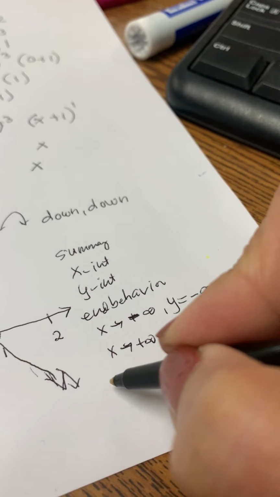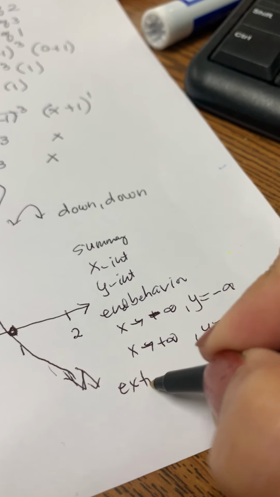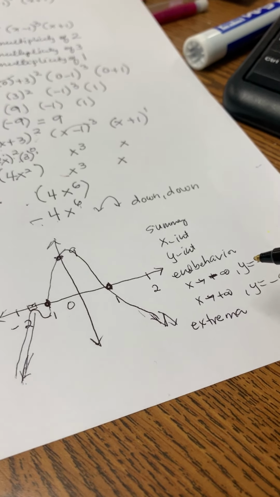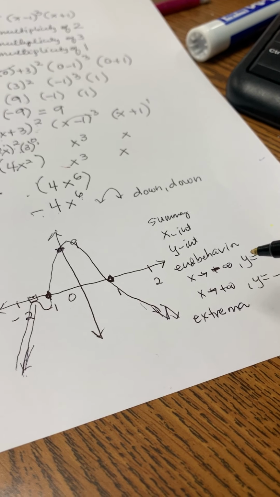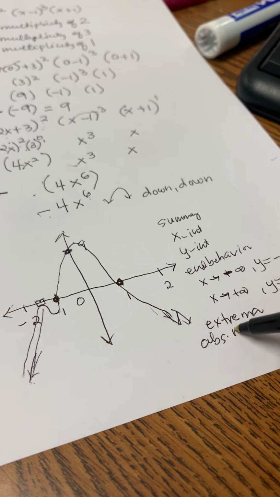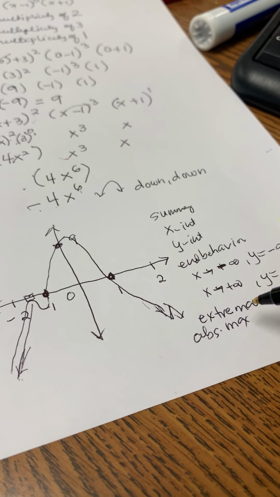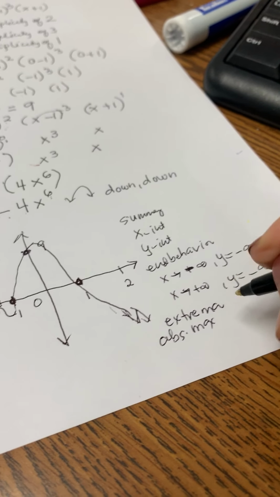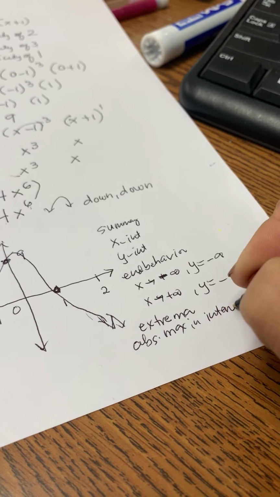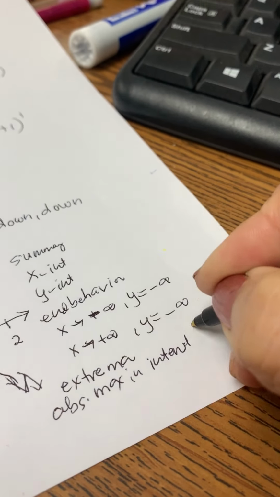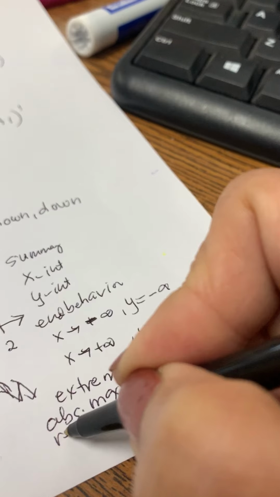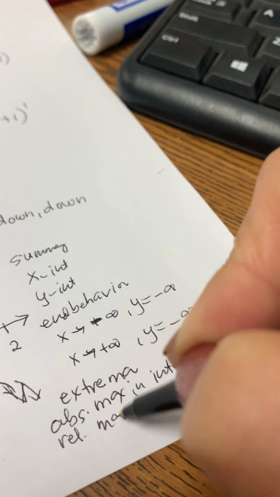Okay, for our extrema, we have an absolute maximum, the highest point somewhere between negative 1 and 1. So in the interval between negative 1 and 1, do we have a relative max?